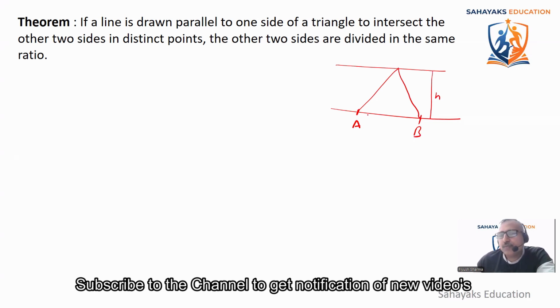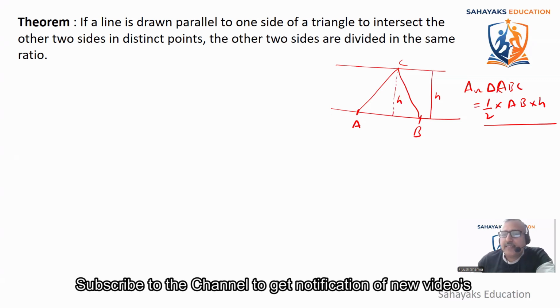So what will be the area of triangle ABC? Area of triangle ABC is equal to half into base, base is AB, multiplied by h. You know the area of a triangle is half base into height, and the height here is also h.